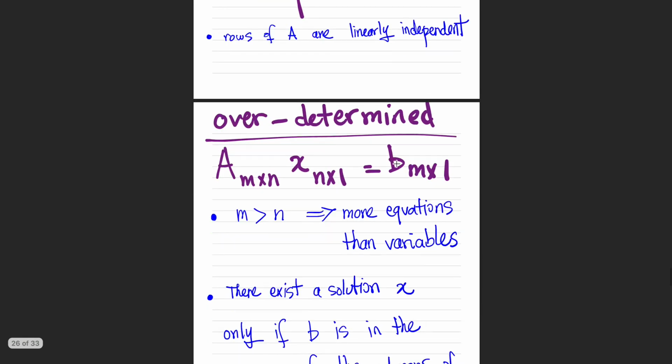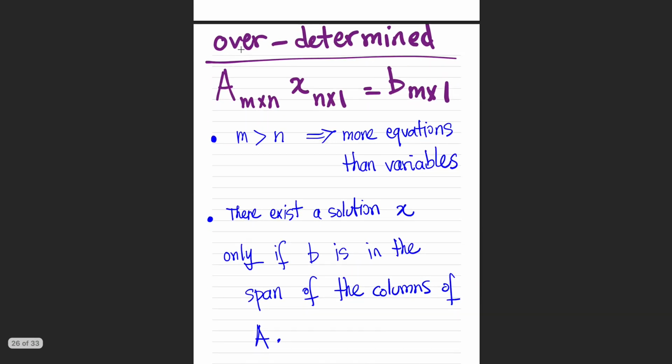Now, the overdetermined scenario is when we have more equations than variables. The variables, the x's, you can think of them as degrees of freedom that we can play around with, but we have more equations.